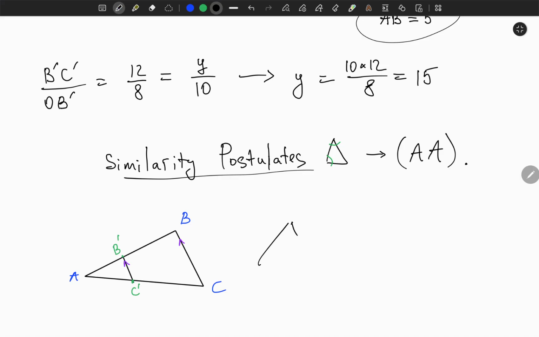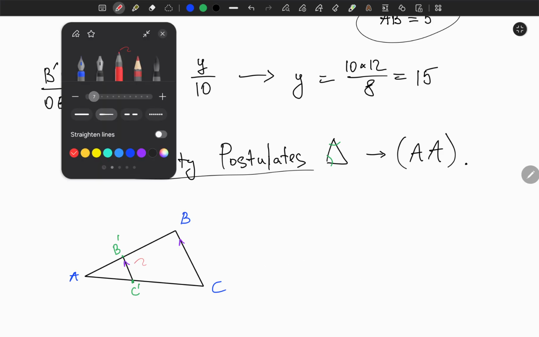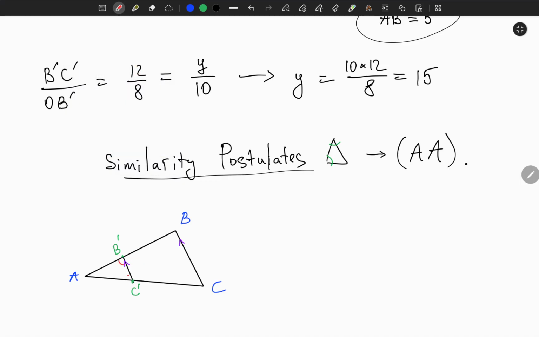If this triangle is somewhere outside, we need to make sure that two angles are the same. The other angle automatically is going to be the same, then this will provide us its similarity. If it's like this, perpendicular lines will provide us two angles are the same. These angles are the same as these angles, and I don't need the third angle.